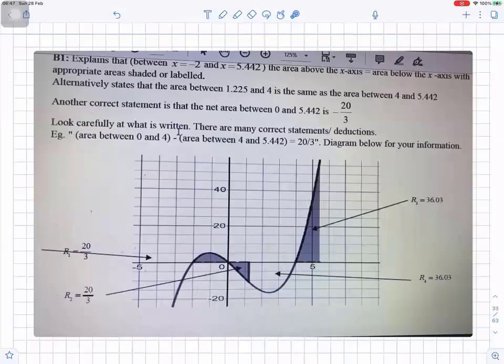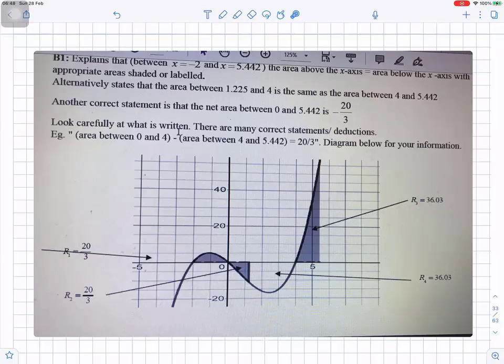You can also look at it this way. The area above the x-axis, you can see there is 36.03, this top area above the x-axis. It is the same as this one, area 4, which is 36.03, the area below the x-axis. So 36.03 for the area below the x-axis is the same as the area above the x-axis, 36.03.